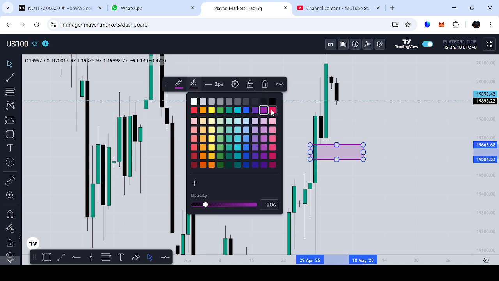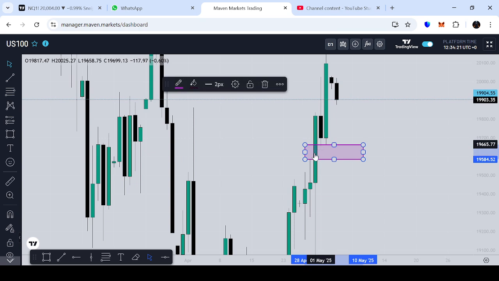You can see the gap there, with no candle body closing it yet. This May 2nd candle is higher than this low, so here is an inefficiency, and we're anticipating price coming to fill it up.